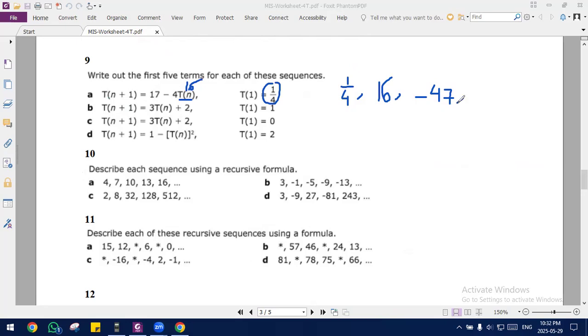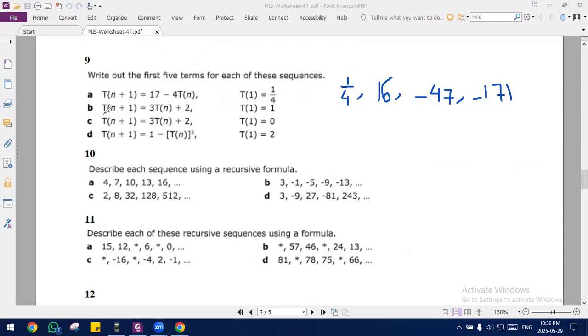Now we need to find the fourth value, and then I will stop there because it's too much. Now we have to do minus 47 times 4, which is equal to minus 188. So we have 17 minus 188 is equal to minus 171. Okay, that's it for this one. Let's not do the fifth one.